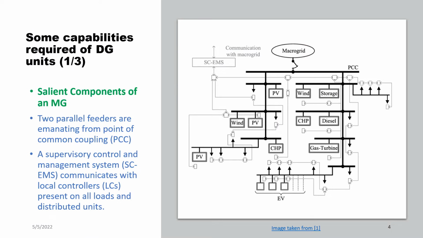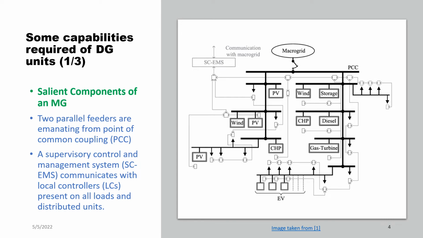Next, we look at some capabilities that are required of the distributed generation or DG units in a microgrid. On the right side, we can see a figure of a microgrid, which illustrates its salient components. First of all, there are two parallel feeders emanating from the PCC, that is the point of common coupling.